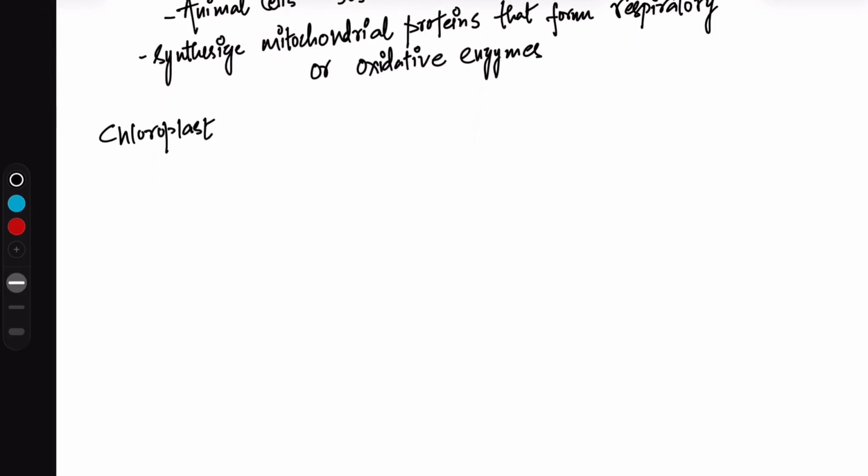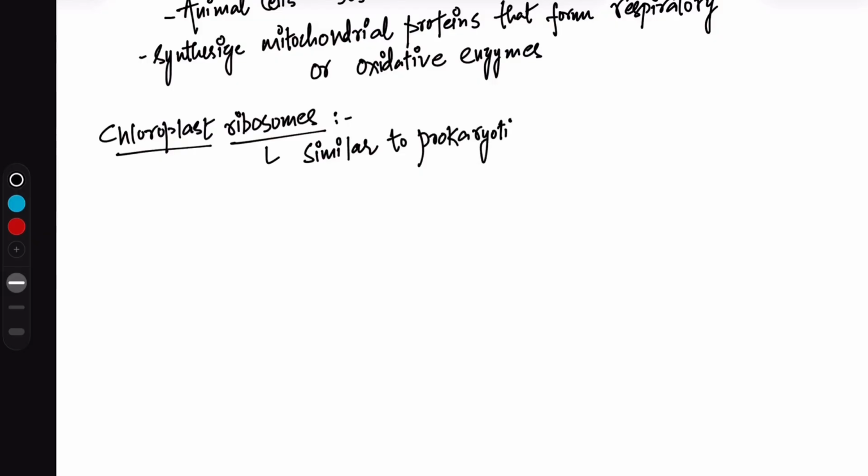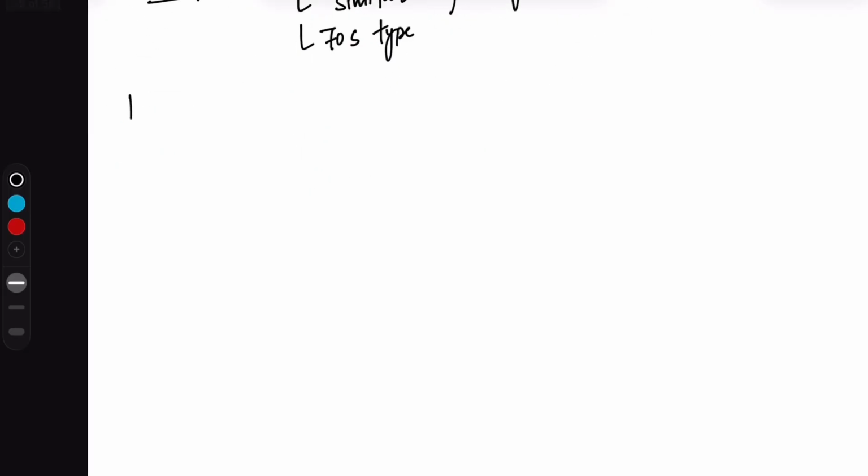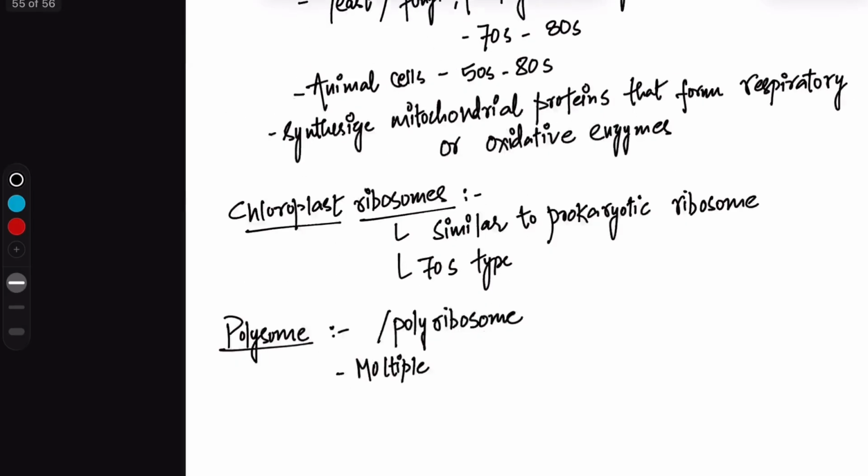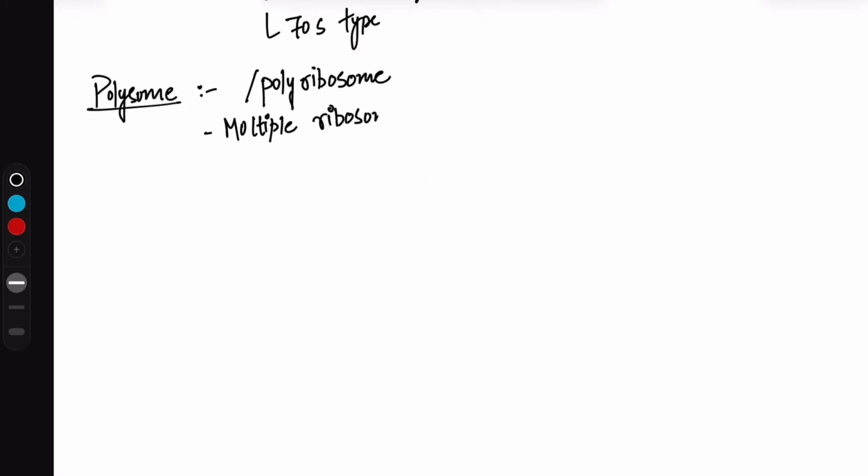Now, chloroplast is also said to have its own ribosomes, which are very similar to prokaryotic ribosomes, and hence are of 70S type. Now, a structure termed polysome, also called polyribosome, is made when multiple ribosomes are aligned in line on an mRNA strand.